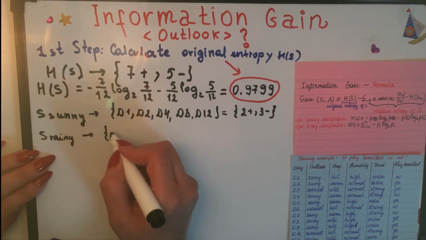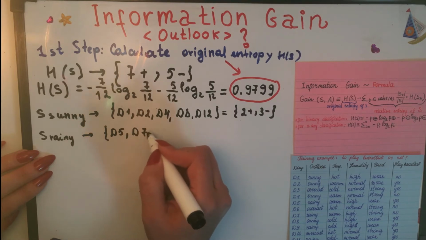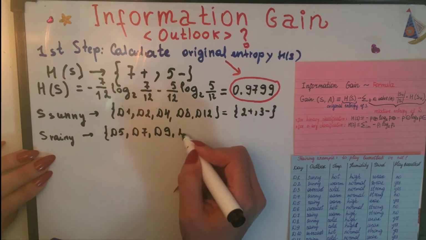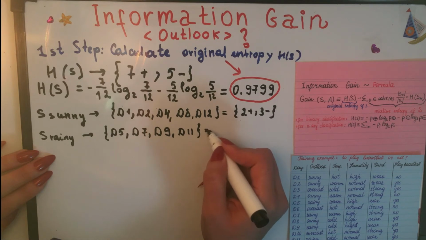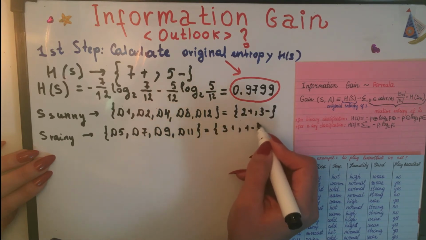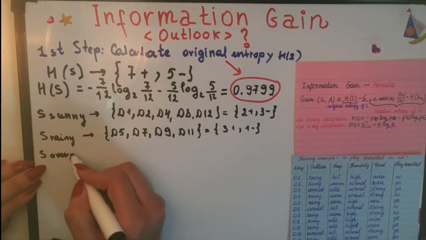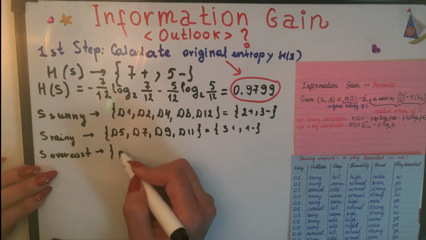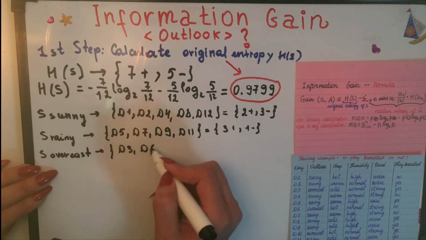For rainy days, we have totally 4 days, and 3 of them are yeses and 1 of them is no. For overcast: day 3, day 6, and day 10.